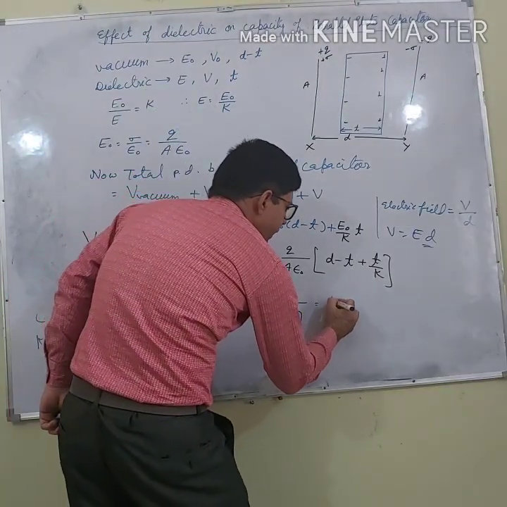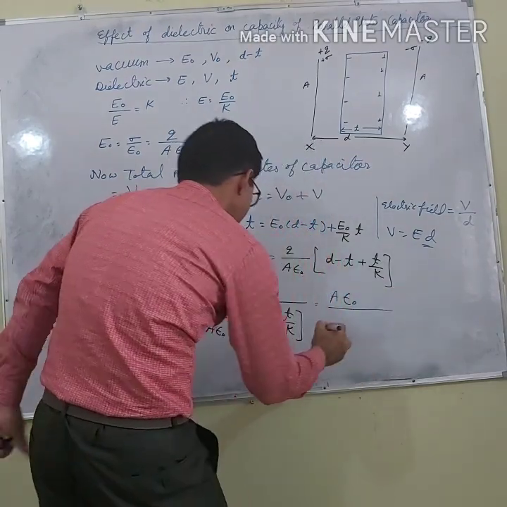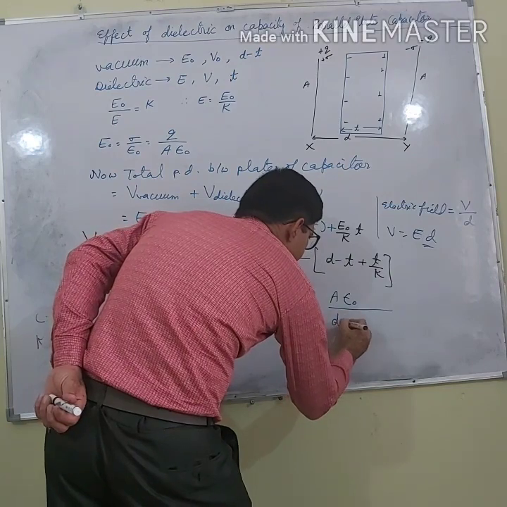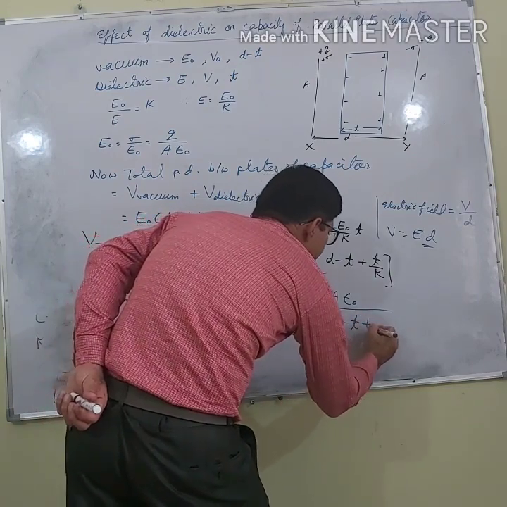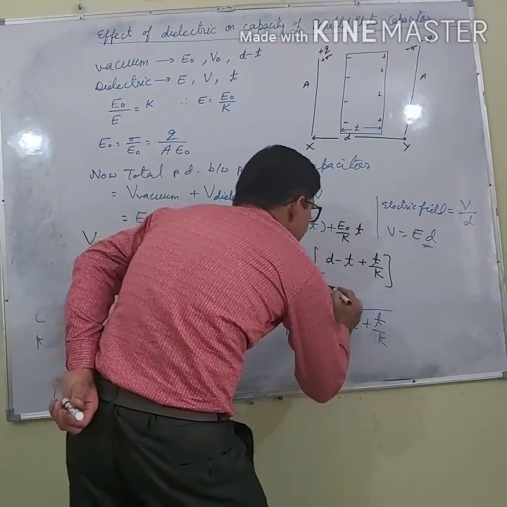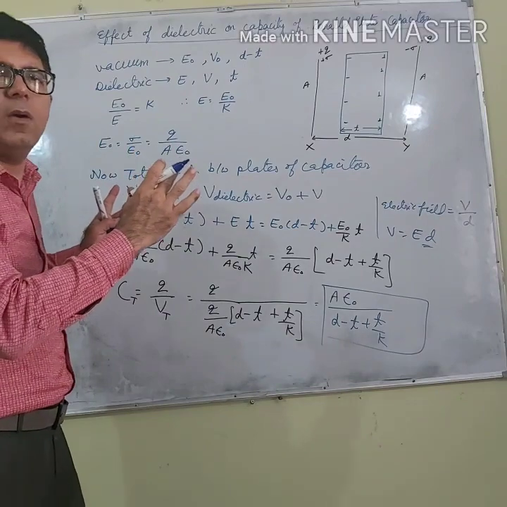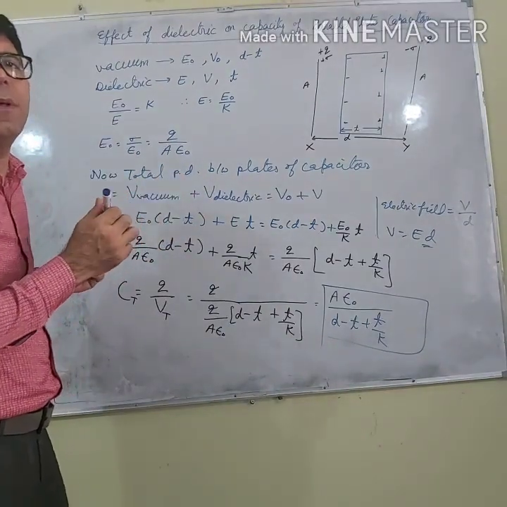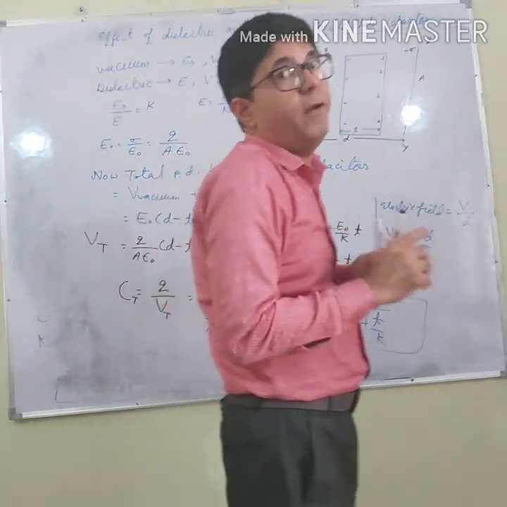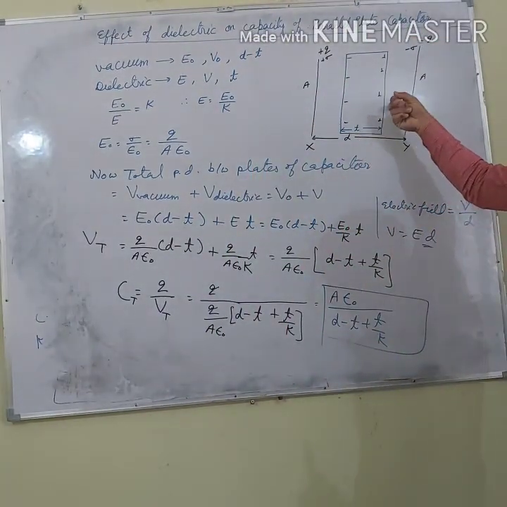I can write A epsilon naught divided by D minus T plus T by K. So this is the net capacity of a parallel plate capacitor if a dielectric slab is introduced between its plates.